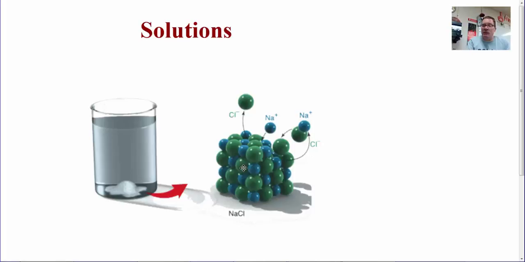Calcium chloride, any type of chemical that would be able to dissolve in water, you lose, not only do you break the intermolecular bonds and separate out sodium chloride molecules, but you also separate out some of the ions.